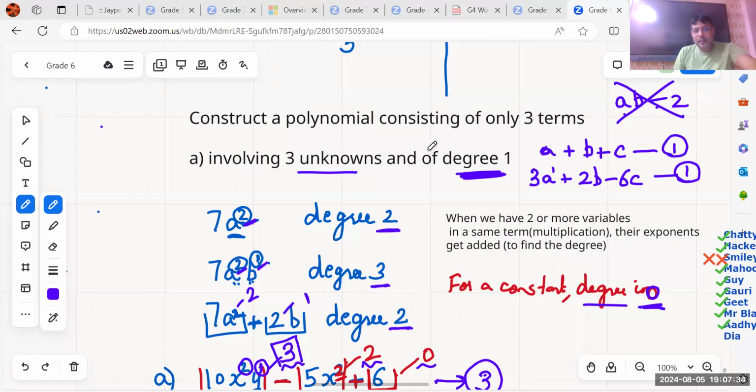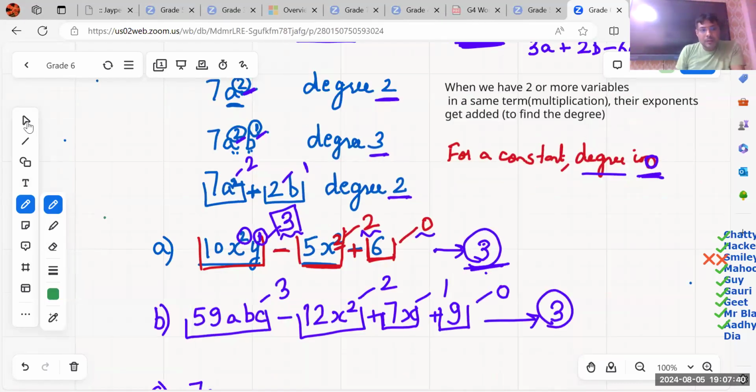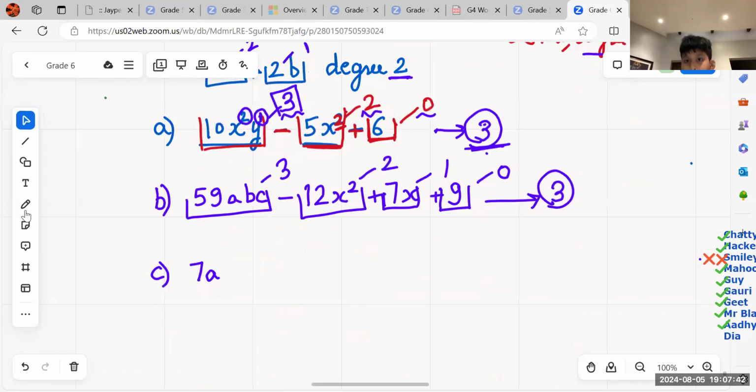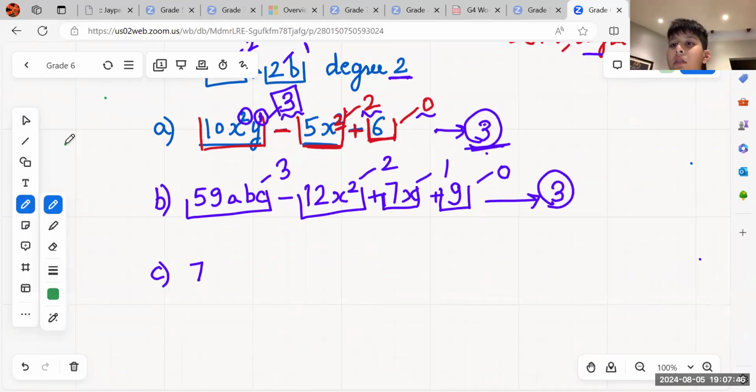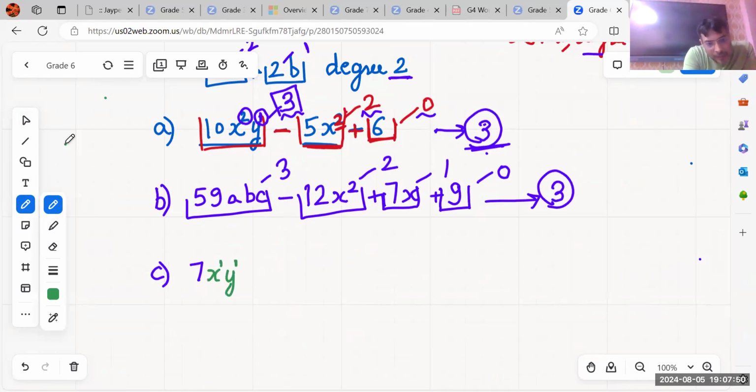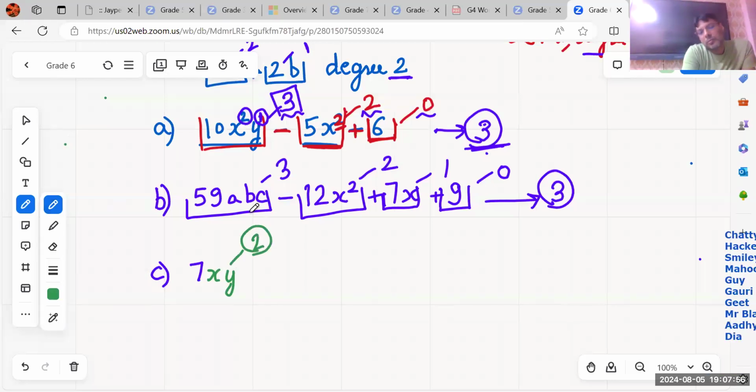See beta, let me write 7xy for you. Now the power of this is 1 and the power of this is 1, so for this term the degree will be 1 plus 1, which is 2. That is why. If you multiply, their powers add up.